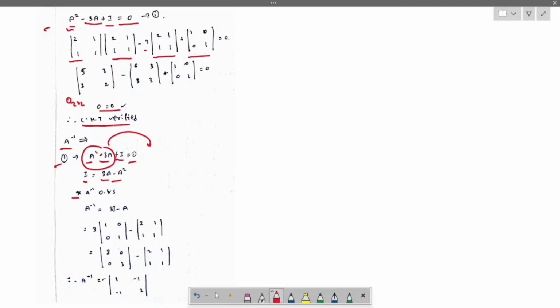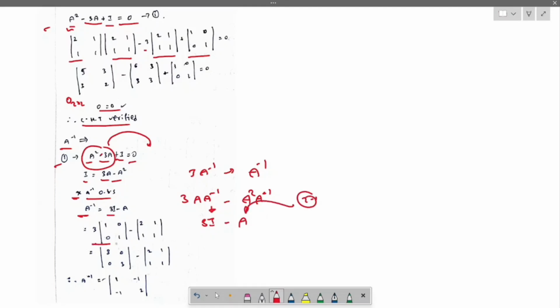Now multiply by A inverse on both sides. Here I into A inverse is A inverse only. So A inverse equals 3I minus A, since A square into A inverse is A. We are left with 3I minus A, and 3 minus 2 will be the 1.